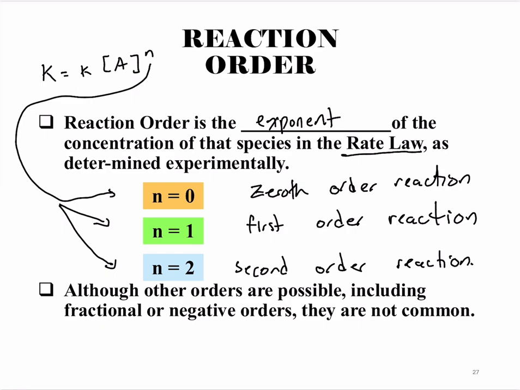Generally, things are not perfectly 0, first, or second order, and other powers are possible, so you can have half-order reactions and other non-integer orders. Most of the time, probably when you do your lab today, unless you're a perfect scientist, you'll get values that are not exactly 1, 2, or 0.